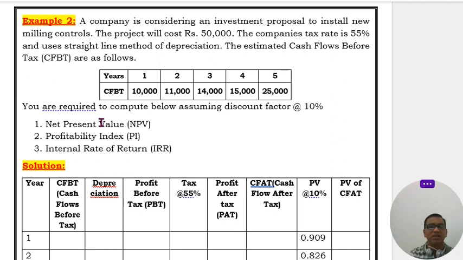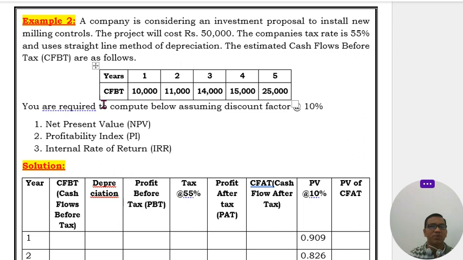But what we need is cash flow after taxes, CFAT. They have given CFBT, so from CFBT you have to calculate CFAT.